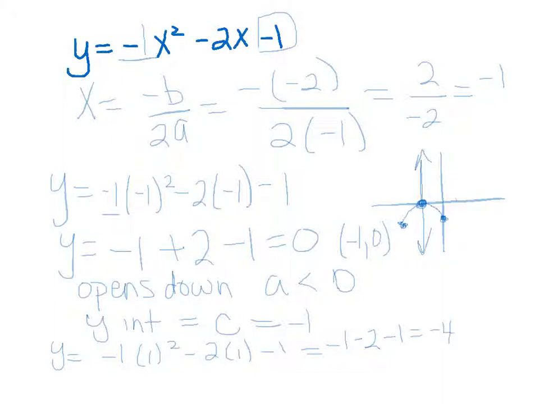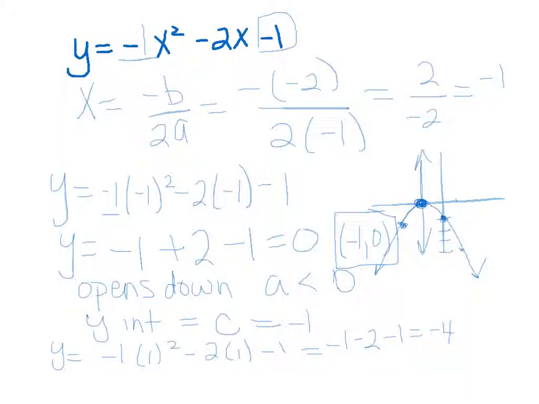So if x is positive 1, y is negative 4. So we're going to go this way and then that way. It has a maximum point. The vertex is at its maximum. And so if they ever ask you for a maximum point of this graph, you're just looking for the vertex again.